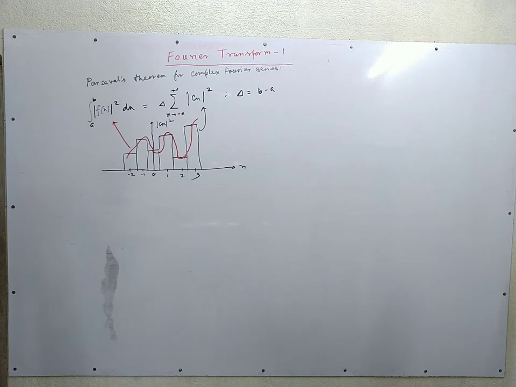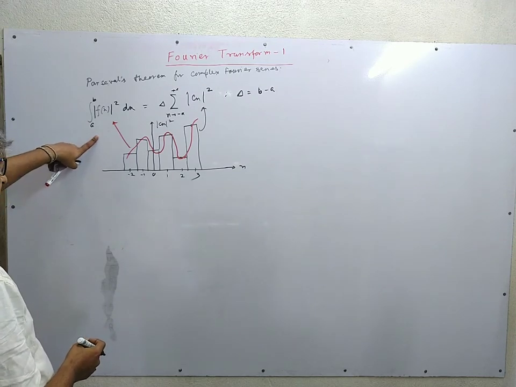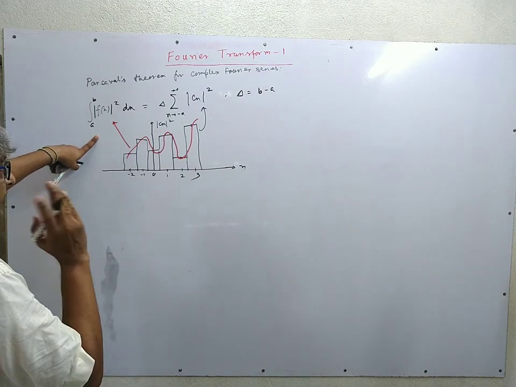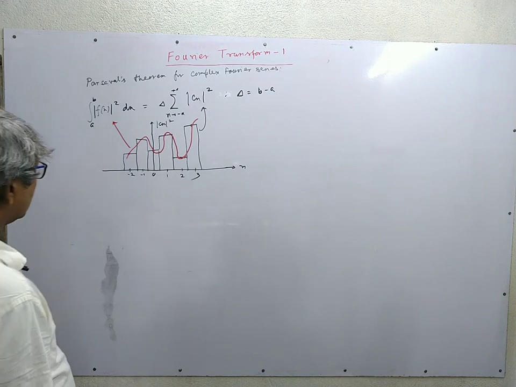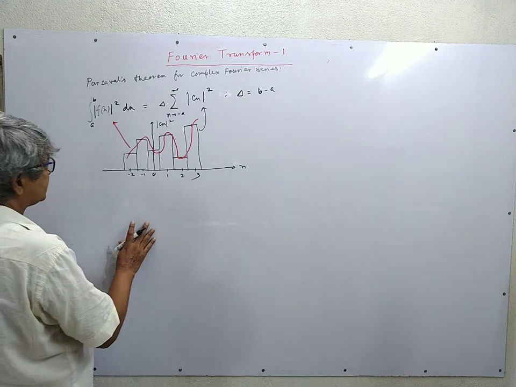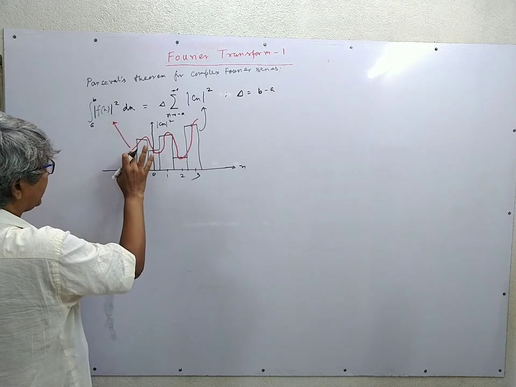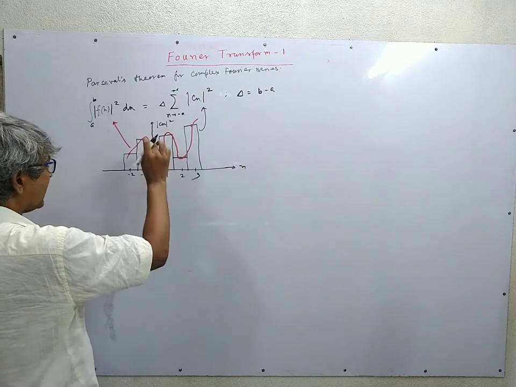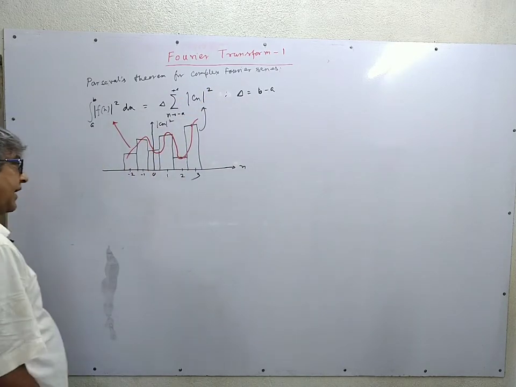If we consider this, the right hand side could also be given an interpretation in terms of integrals if we let a and b tend to infinity. So let me once again say, the left hand side represents the area under the curve between a and b, while the right hand side is the sum of the Cn modulus square for different n's.